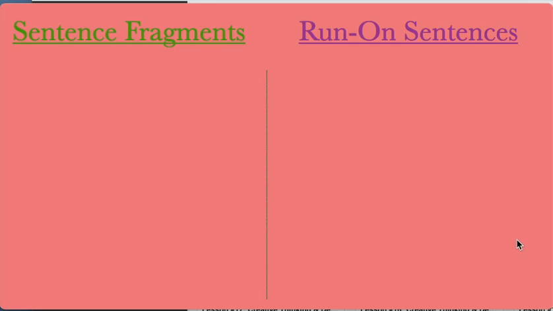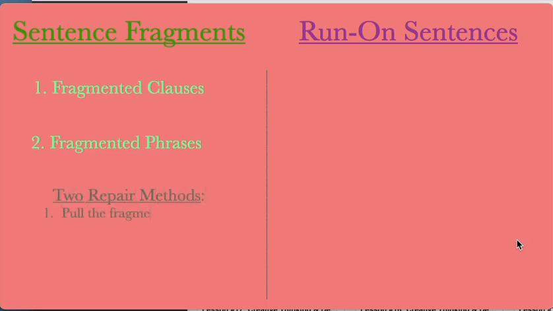Okay, let's quickly summarize what we've covered in this short lecture. Sentence fragments come in the form of either clauses or phrases, and the two repair methods that we discussed were to pull the fragment into a nearby sentence or to rewrite the fragment as a complete sentence.